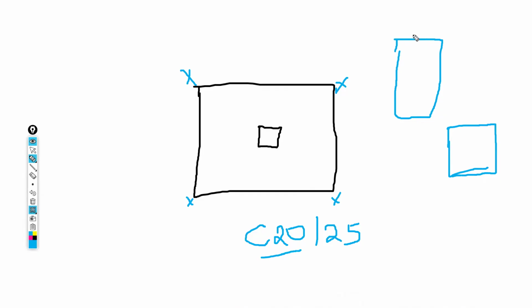If you're using a cylindrical mold, you aim for a value which is not less than 20. This is the cylinder strength. If you're using concrete cubes, you aim for a value which is not less than 25. This is what it means.